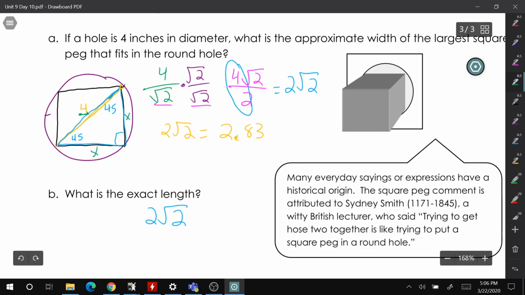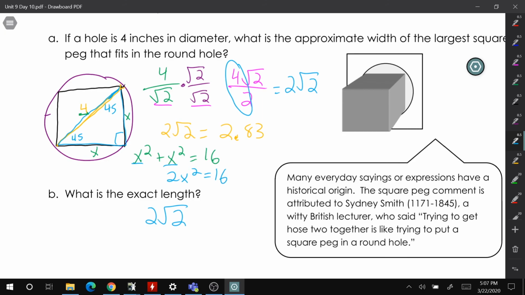These two sides are the same, so x squared plus x squared equals 4 squared, which is 16. 2x squared equals 16, and you could divide both sides by 2 and then square root and solve it that way. In my opinion, it's easier to use special right triangles when you can.